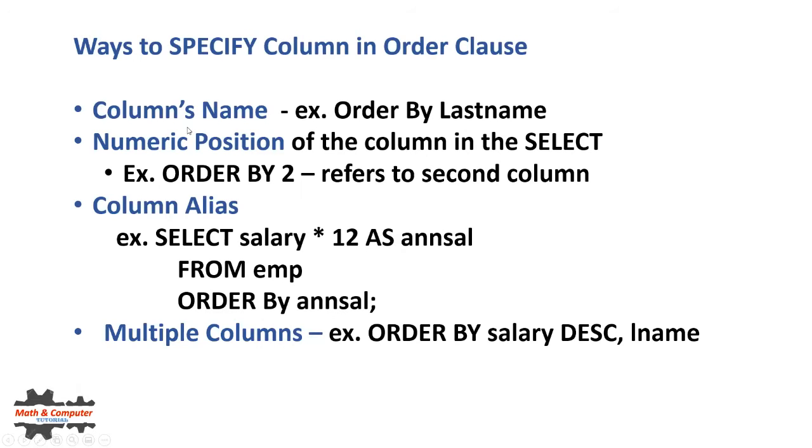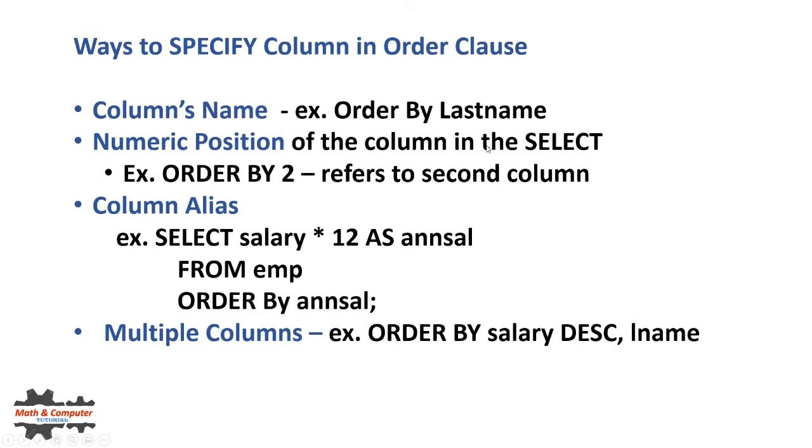There are ways to specify a column in the ORDER BY clause. It can be by column's name, for example, ORDER BY last_name. So you have to identify the column here. You can also use the numeric position.